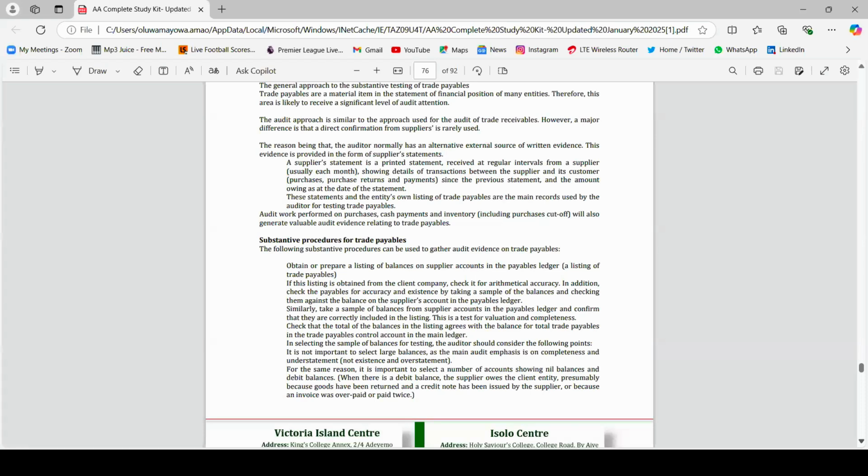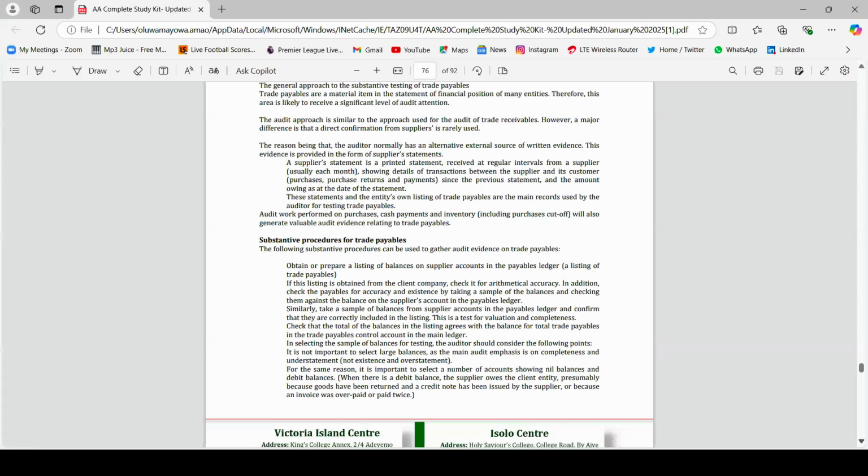Look at the balances. When you see a zero balance or a large figure, confirm from the supplier that these are correct. Like I said, what you are looking out for here is understatement, the risk that the client will not state all that they are owing.